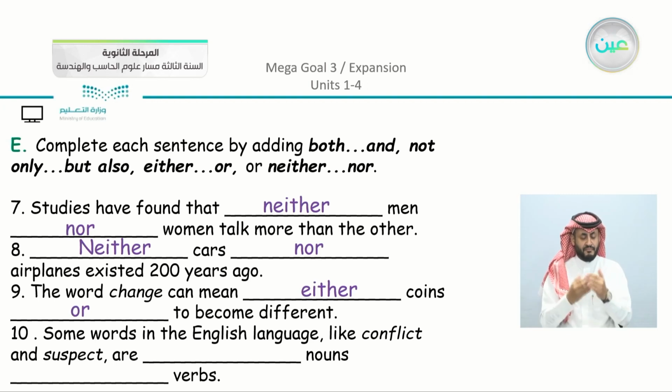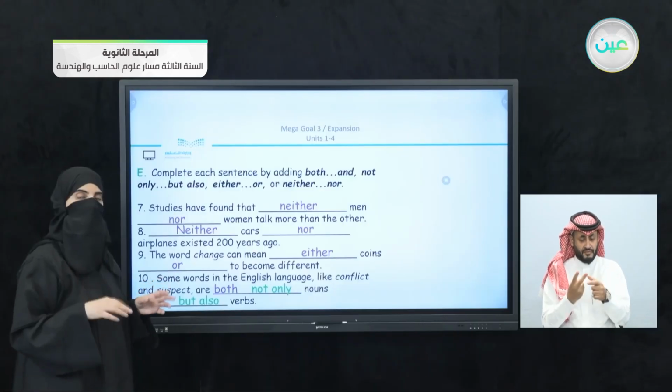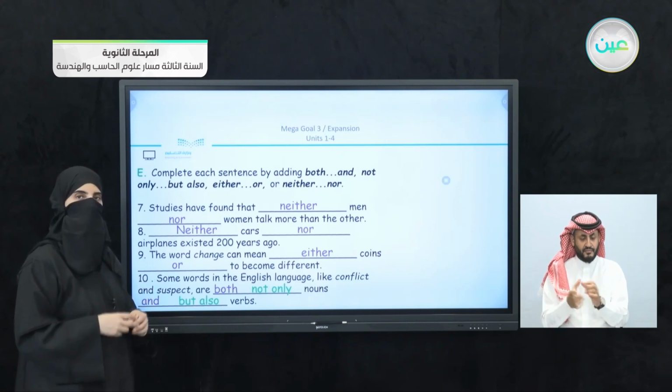Some words in the English language, like conflict and suspect, are blank verbs, nouns, and verbs. So actually here I have both verbs and nouns, or I can change and say not only nouns, but also verbs. So you can see that we applied 2 structures in these 2 sentences.